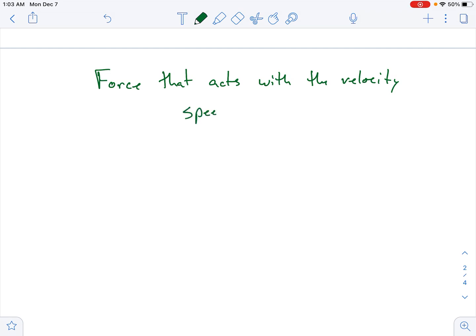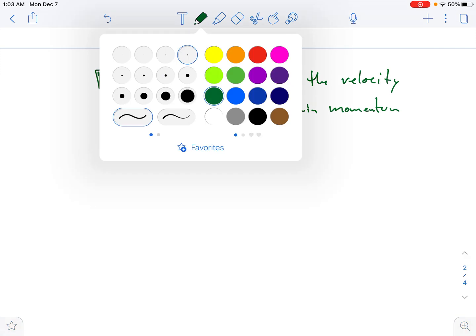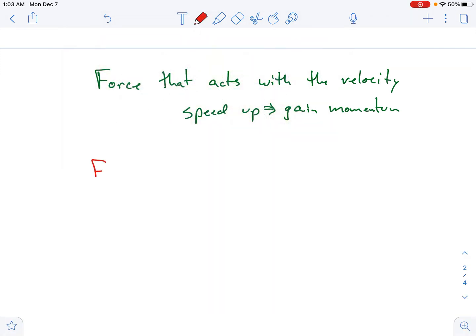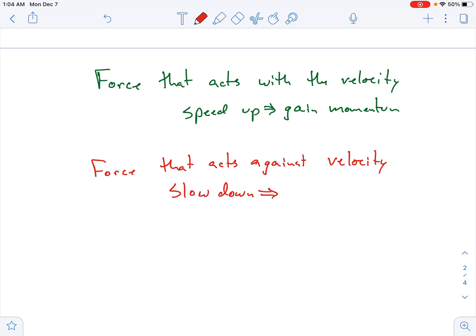And that's going to cause us to speed up or gain momentum, or we have forces that act against our velocity, and that's going to cause us to slow down or lose momentum.